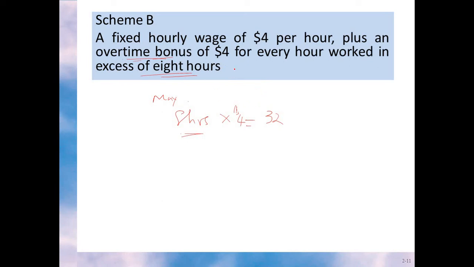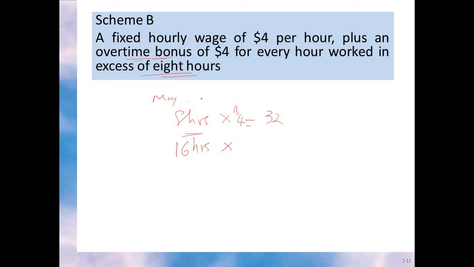So what is the excess? How much is the excess hours? You have 24 hours, you work 8 hours. So if you want to work 24 hours, then you have 16 hours that you can earn double.